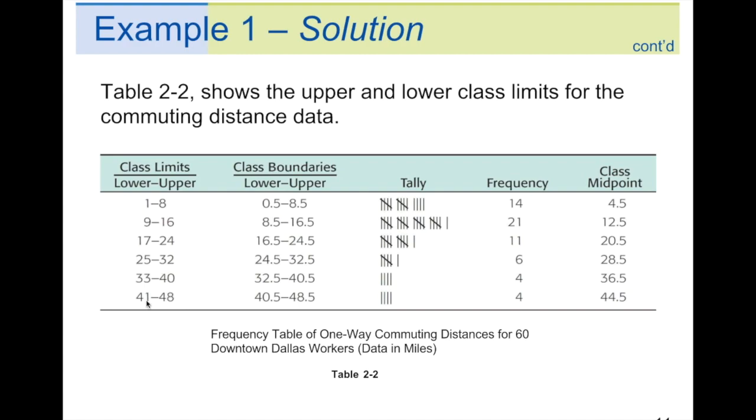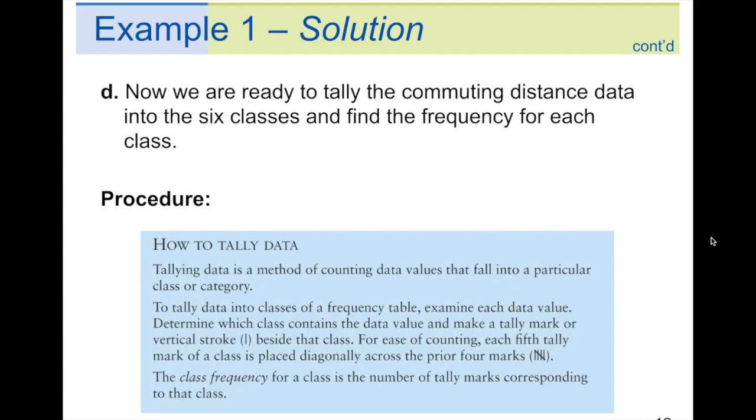And of course, the next one after 41 would be 49, but that's too high, so we just go to 48. Even though we didn't have a 48 in there, we still have our limit to 48. Now we'll talk about these other things in a moment, the class boundaries and the class midpoint, but the frequency is just how many ended up in your limits. But we'll talk about all those in a second.